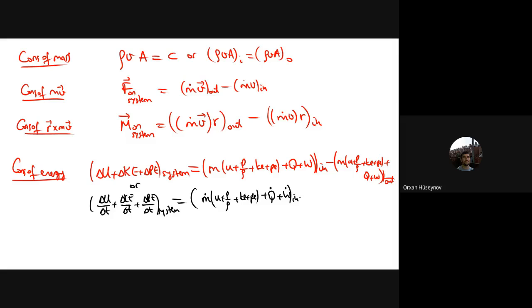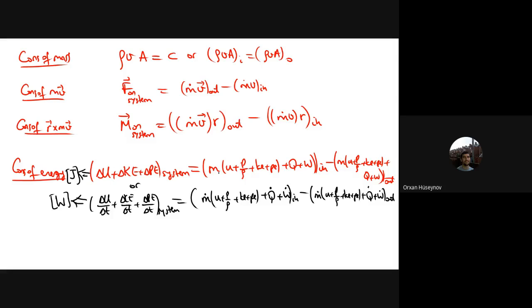It will be in, minus m dot, again U plus P by rho plus the kinetic energy plus potential energy plus the Q dot plus work dot, and this will be out. For the first equation, you have the units as joule, and for this equation, you have the units as watt. That is the thing that you can do for these equations.